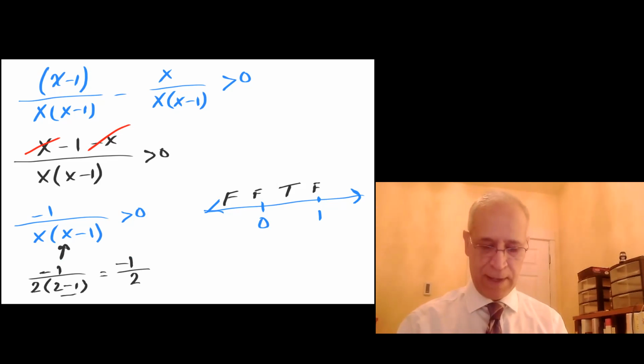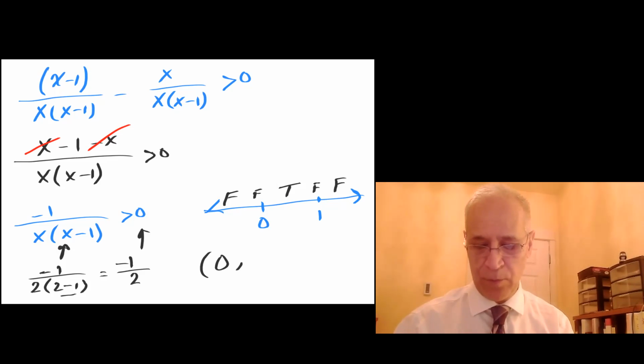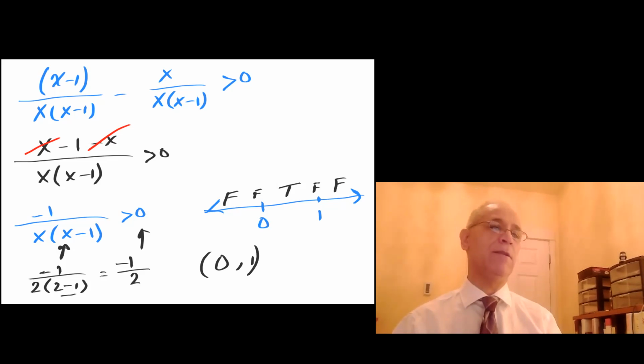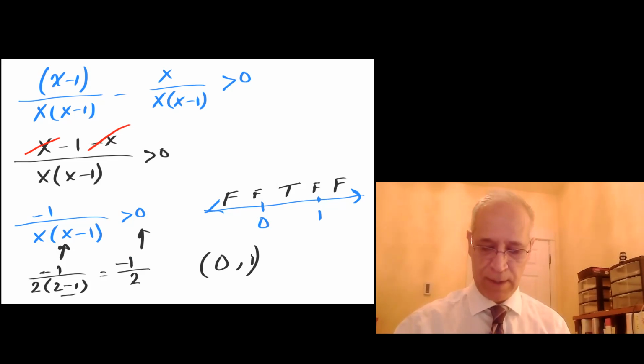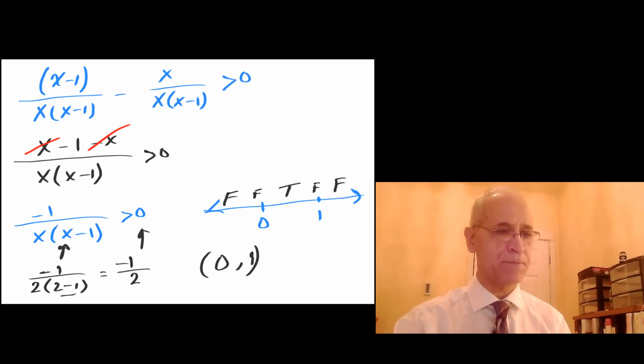So a negative 1/2 cannot be greater than 0. So I have false in here. So the only solution set that I have is from 0, 0 not included, to 1, 1 not included. So the solution set is from 0 to 1. We found that algebraically.